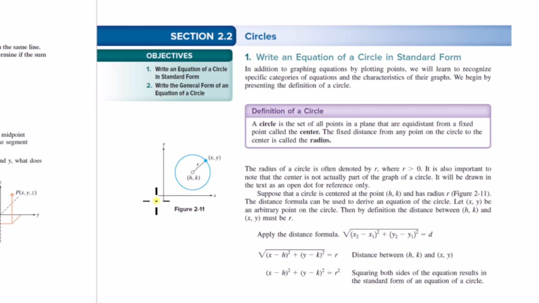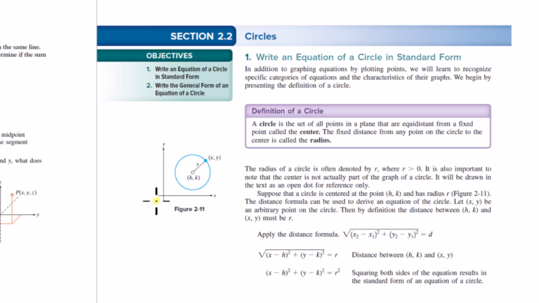Now, when we think back to geometry, what is the technical definition of a circle? What exactly is a circle? It's the set of all points that are equidistant from a center point, with that distance being called the radius.